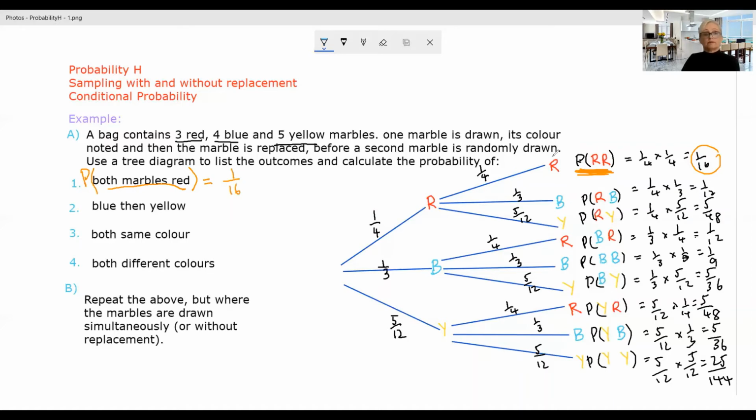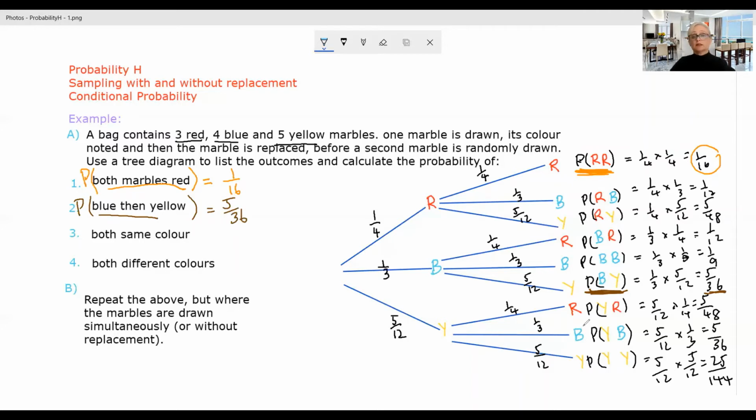Red, then red. Probability blue, then yellow. Let's do this in brown or something. Right, blue, then yellow. Blue, then yellow is this one. So it's 5 on 36.